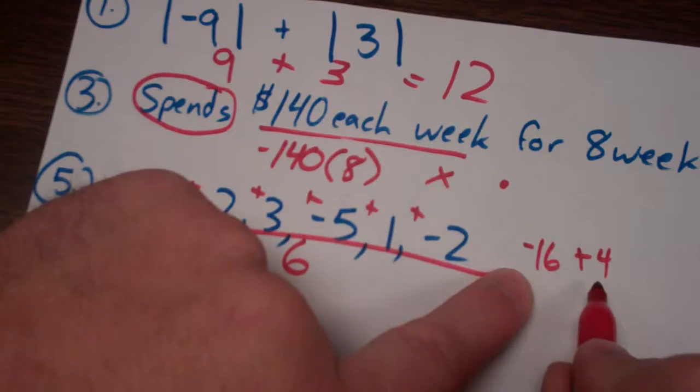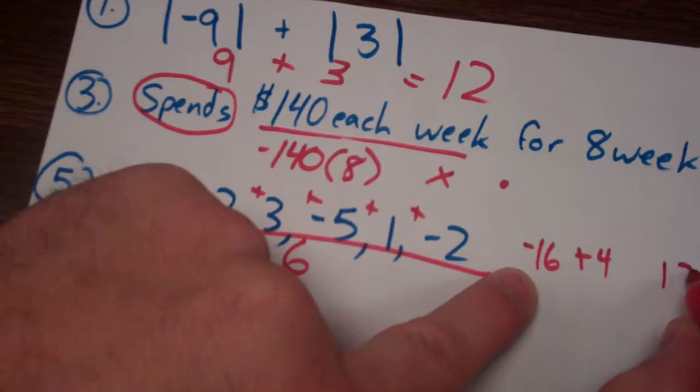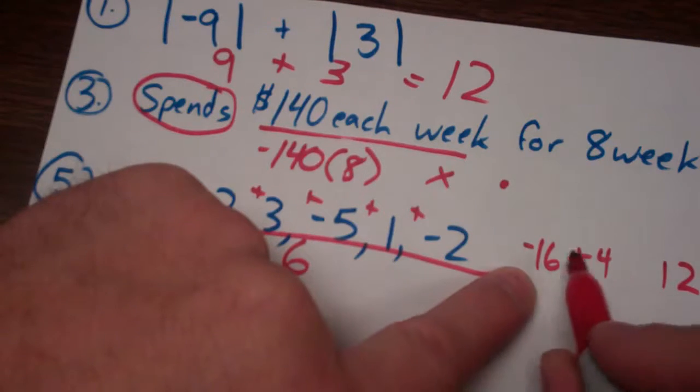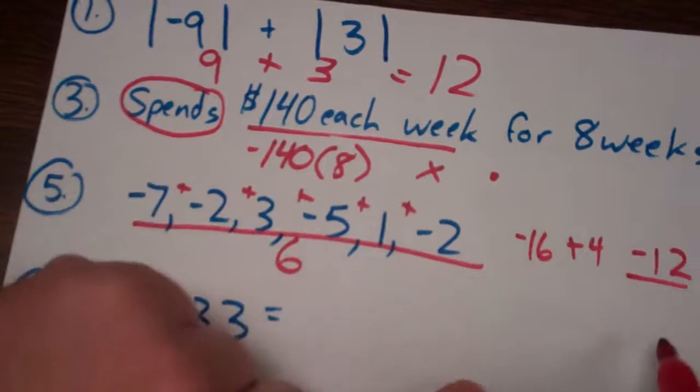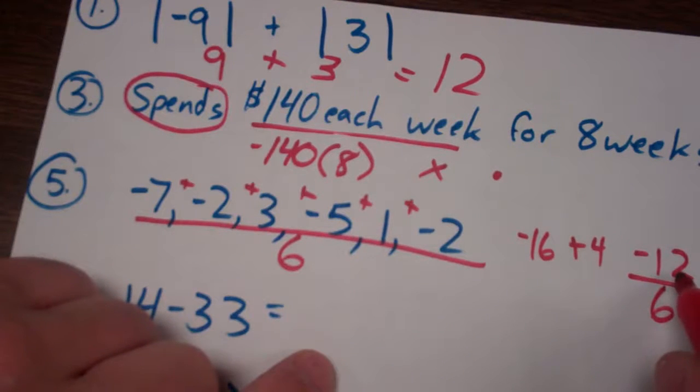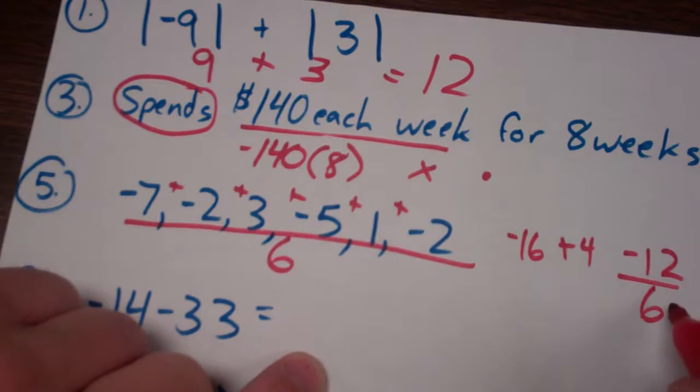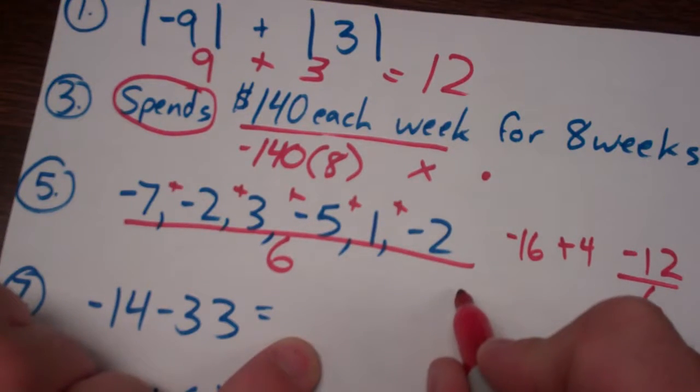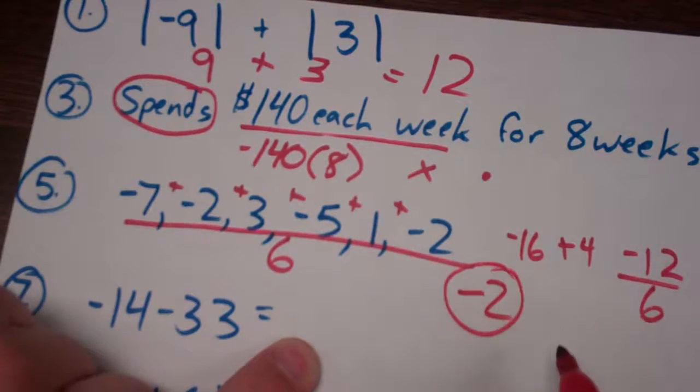These two have different signs when I add them, so I actually have to subtract their absolute values. 16 minus 4 is 12, and the sign of the larger is negative. So I had 6 rounds with a total of -12. So -12 divided by 6, remember, one negative or an odd number of negatives in a division problem makes it negative. So the average score here would have been a -2.